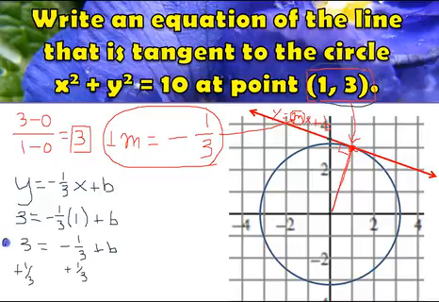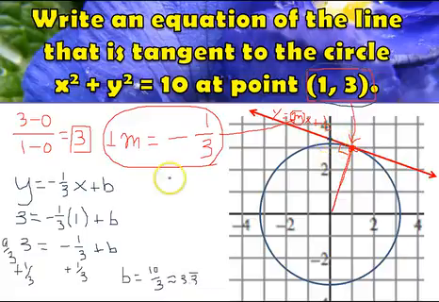I'm going to get 9/3, that's the same thing. Now I can combine them. 9 plus 1 gives me 10. The denominators stay the same. So my y-intercept is actually 10/3. As a decimal, that's equivalent to 3.3 repeating. Lovely. That should make sense because look, that's about 3 1/3 up there.